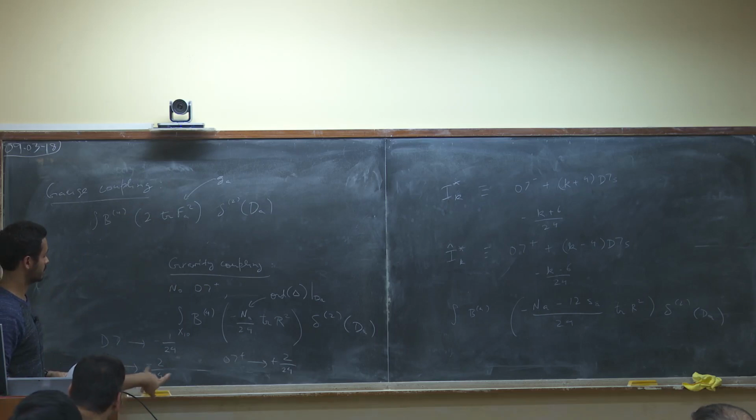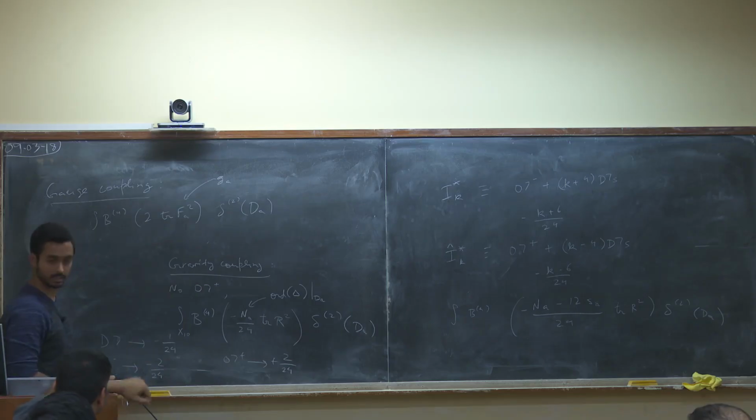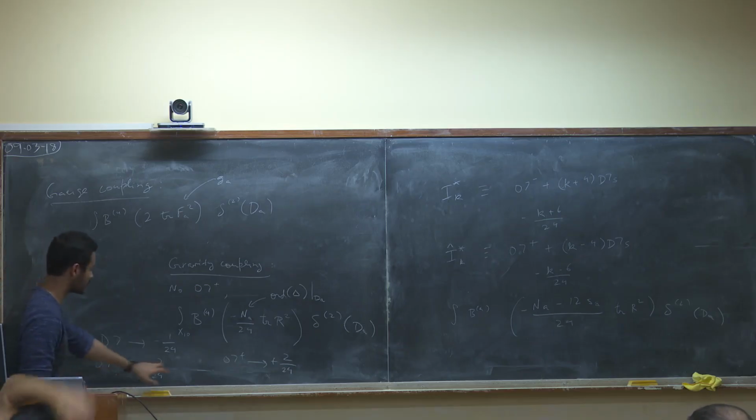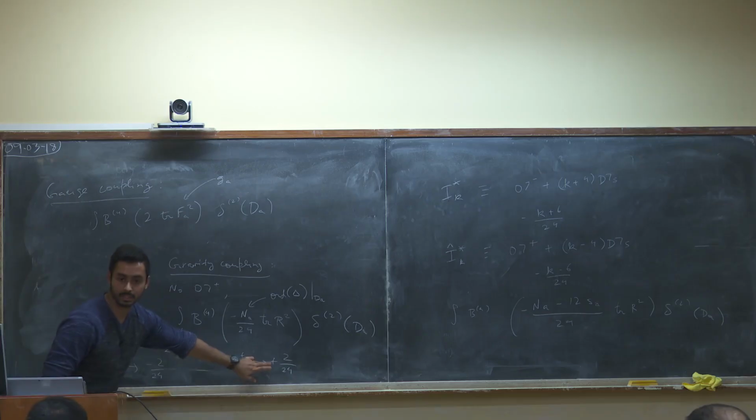So we could do this by perturbative string calculation. We could compute just scattering of gauge fields and check this. Yeah, so that's how you know that for O7 plus you should reverse the sign. This came from a perturbative calculation.